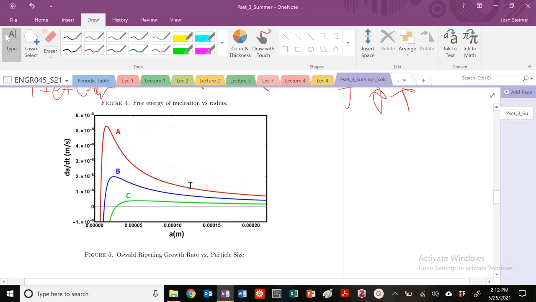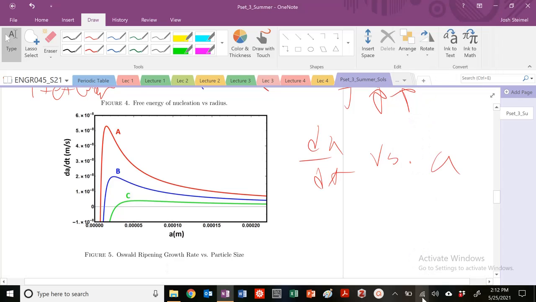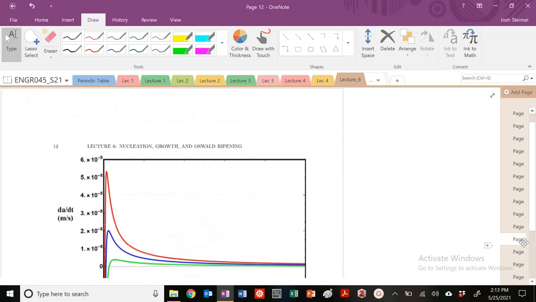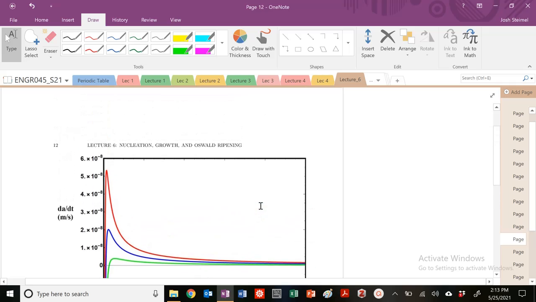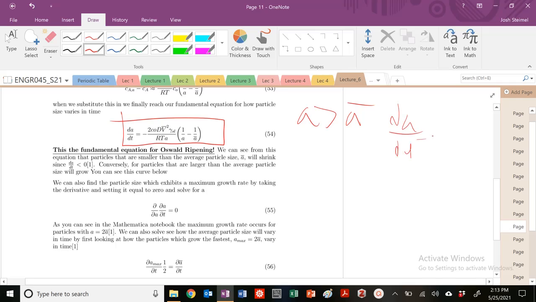We are looking at a plot of dA/dt versus A. If A is greater than A bar, dA/dt is positive; if A is less than A bar, dA/dt is less than 0.